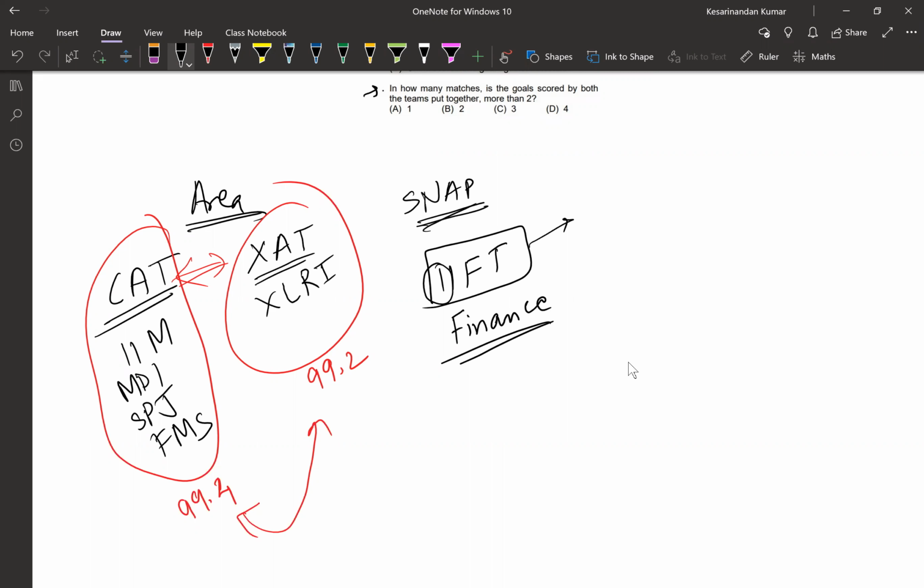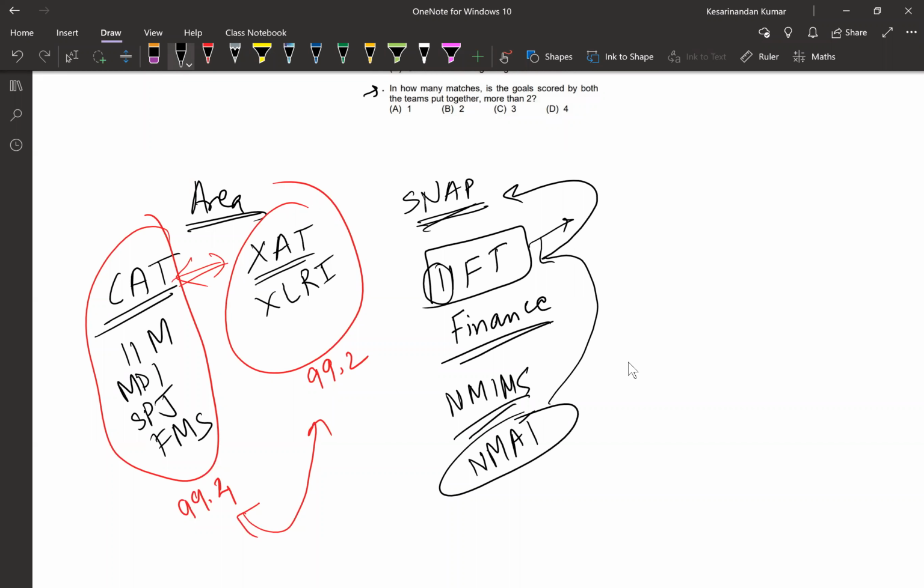See, the important thing is you can give any number, and in fact, there's one more, and that is for NMIMS. They have a special exam called NMAT. IIFT, NMAT, and SNAP are very speed-based tests. For these exams, you require a lot of speed.